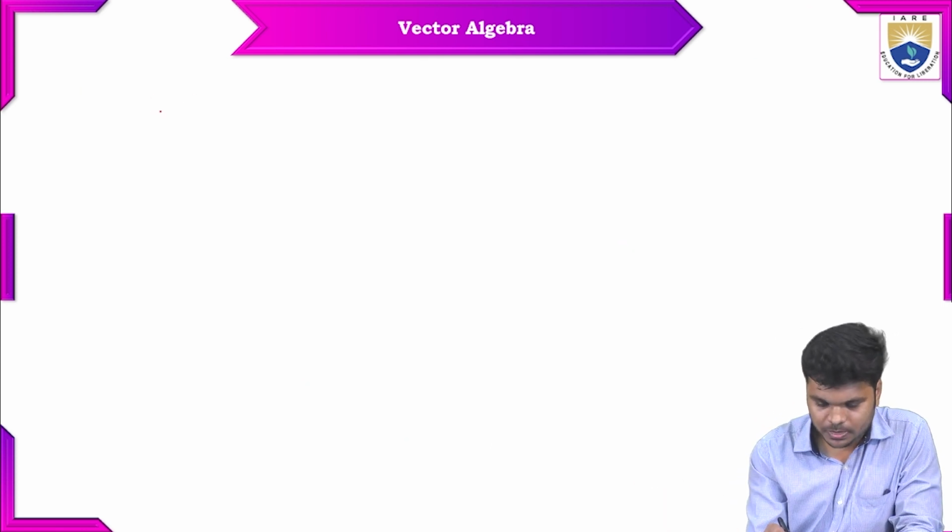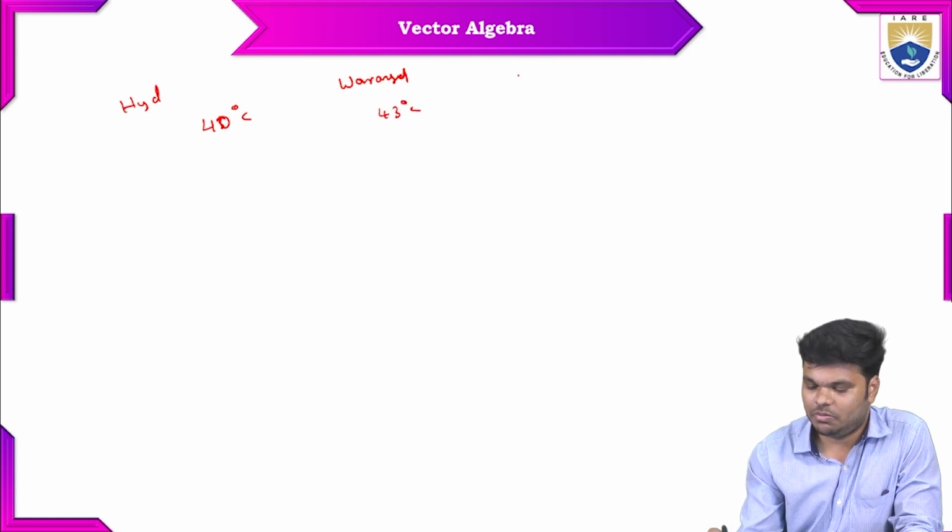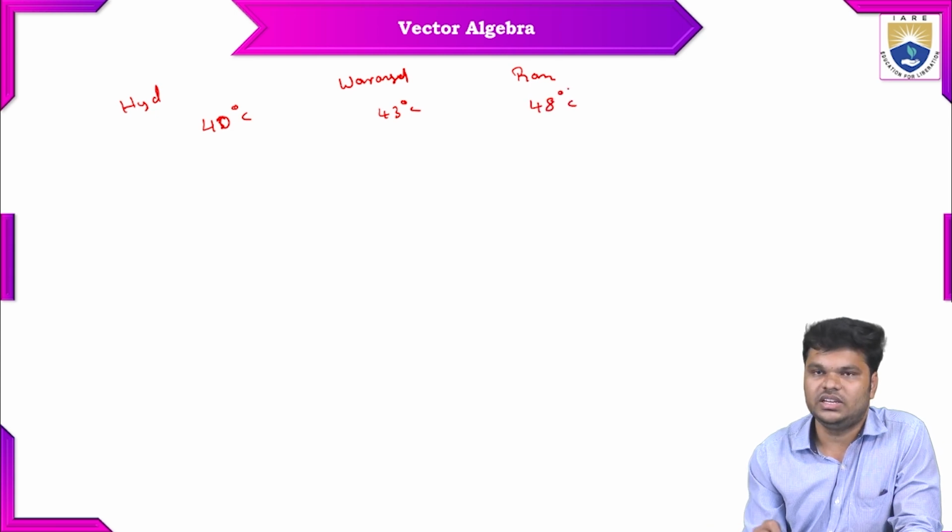Let's take Hyderabad as an example. Let's consider that today's temperature in Hyderabad is 40 degrees centigrade. In another place, Warangal, the temperature is 43 degrees centigrade. In another place, Ramagundam, the temperature is 48 degrees centigrade.